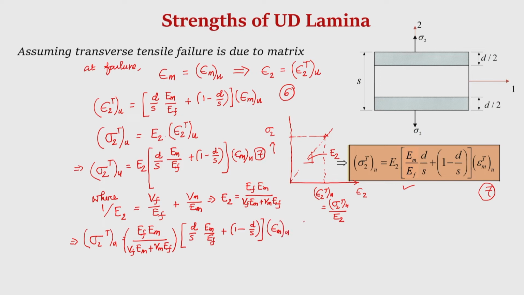So, this is the expression for transverse tensile strength of a lamina in terms of the strength of the matrix, the Young's modulus of the fiber and the matrix, and the volume fraction.